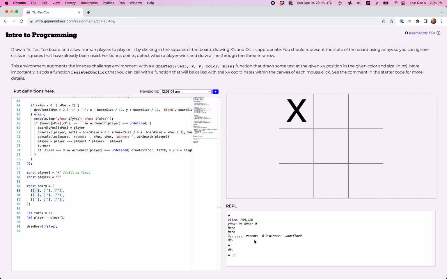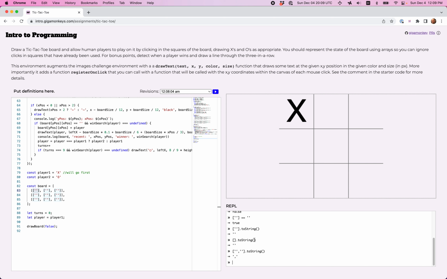So that's this value, which is not equal to the empty string. However, double equals is super sloppy, and I think the reason is because it basically converts it to a string.